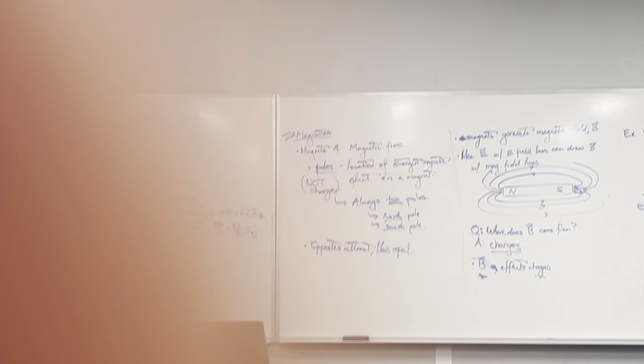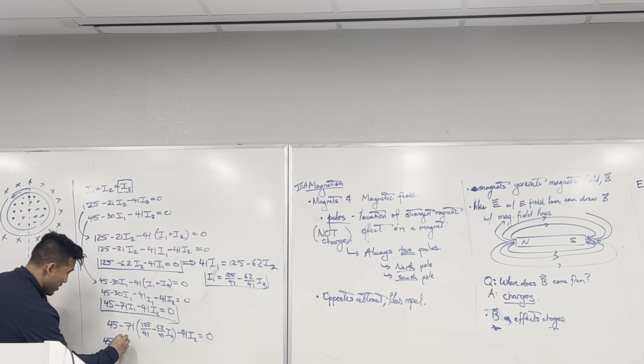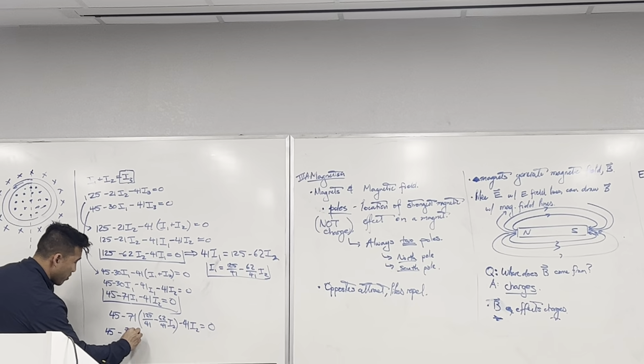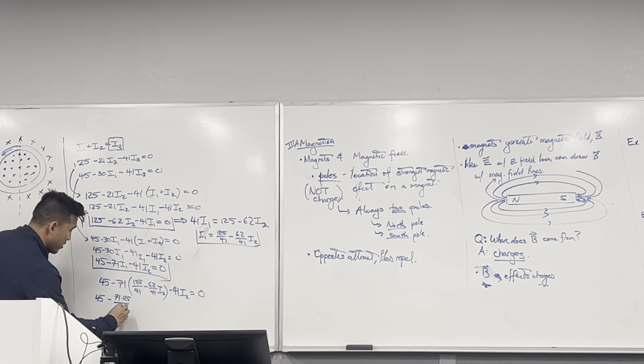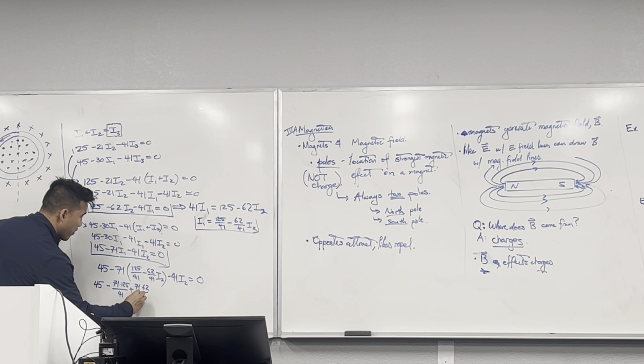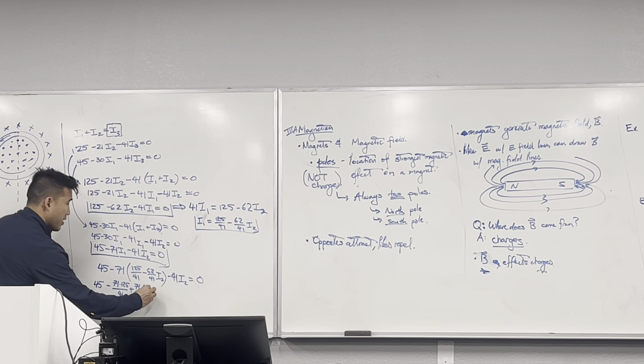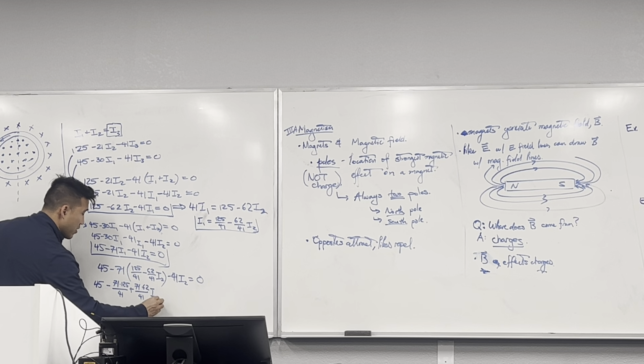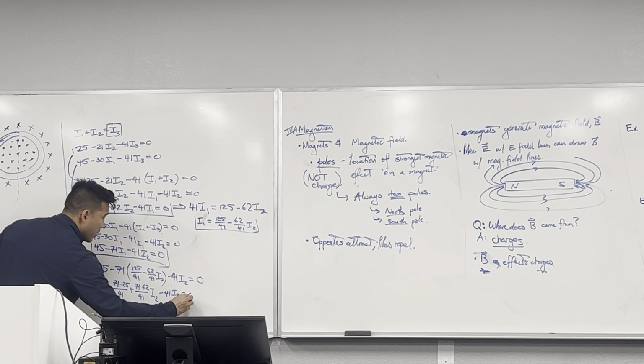So we can factor out the negative 71, so this comes out to be 45 minus, we'll just write it like this, 71 times 125 over 41, plus 71 times 62 over 41 I2, minus 41 I2 is equal to 0.